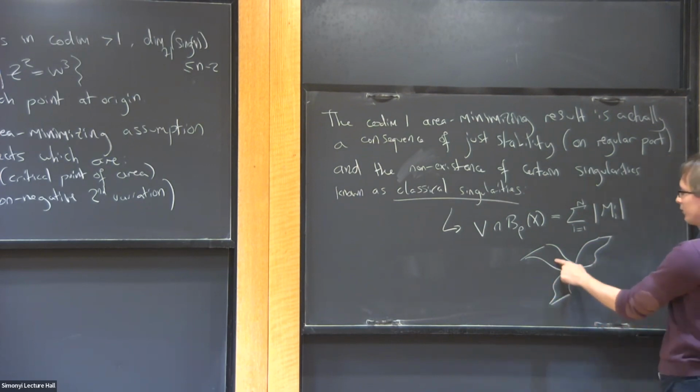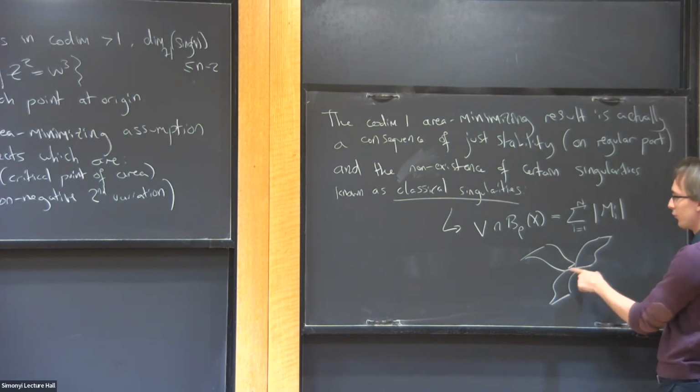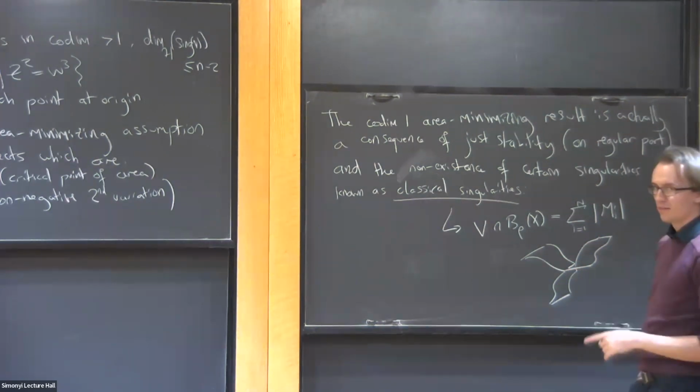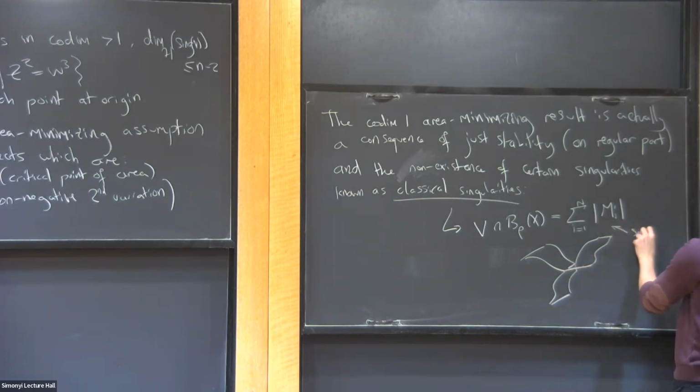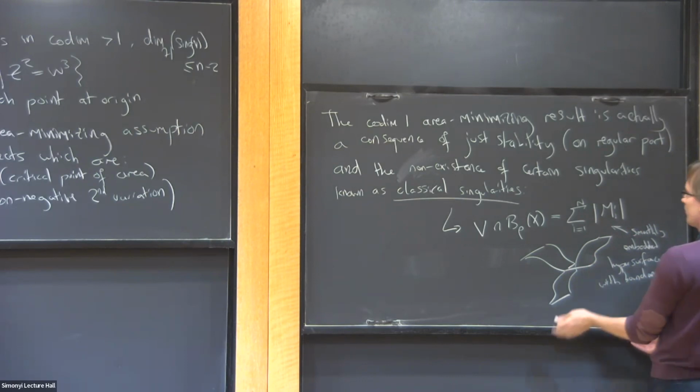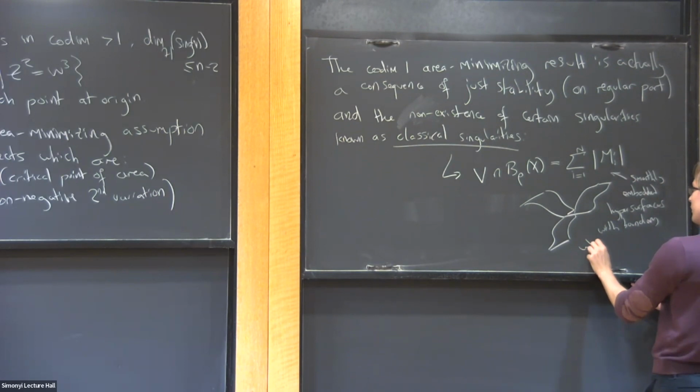And these are three smoothly embedded sheets, which away from this axis, this common boundary, don't intersect. They only intersect along this common boundary. These are smoothly embedded hypersurfaces. They could coincide entirely, but if they don't, then they're separate. Smoothly embedded hypersurfaces with boundary, which meet only at the boundary.